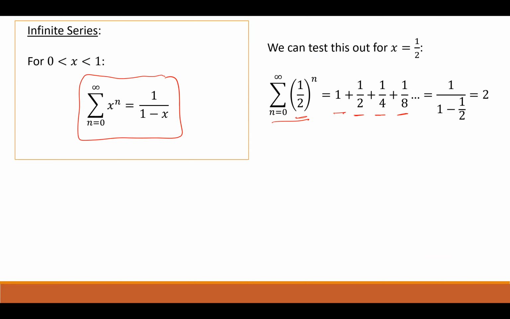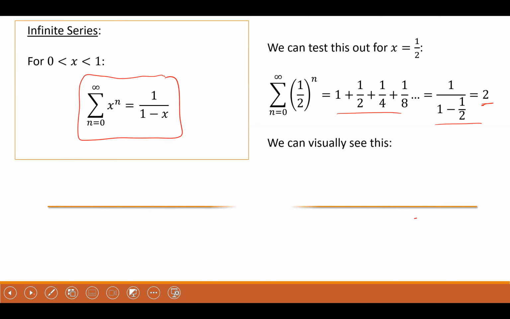But because x is between 0 and 1, we do have a limit, and we want to convince ourselves that we found the accurate limit. So 1 plus 1/2 plus 1/4 plus 1/8, all the way up to infinity, is equal to 1 over 1 minus 1/2, which is equal to 2. This is not a proof, but we can visually see this.